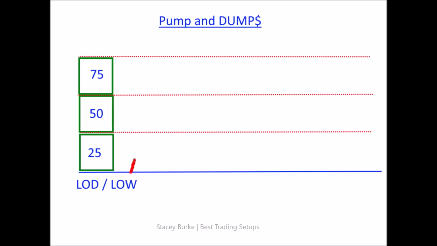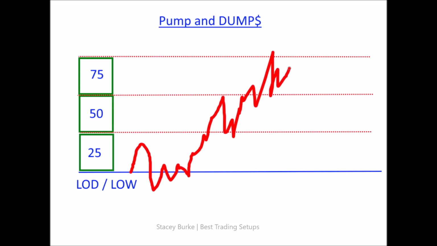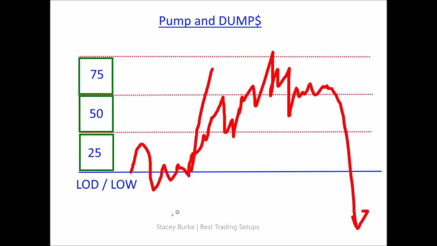The market may work its way down from that low of day and pump up and break down and go parabolic. 1 level, 2 levels, and 3 levels of rise.